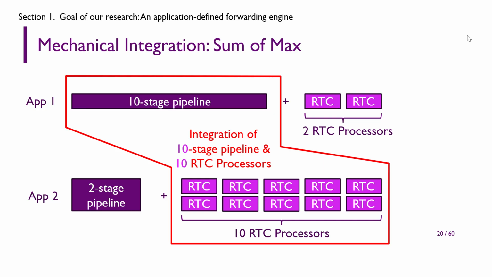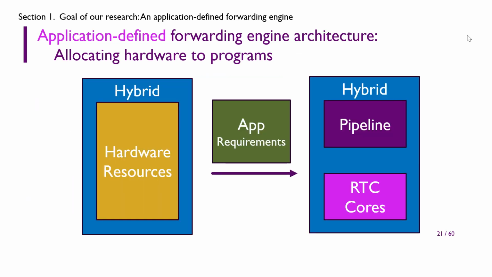The existing hybrid architecture is a mechanical integration of pipeline and RTC, so the resources are the sum of the maximums, that is, a 10-stage pipeline along with 10 RTC processors. We don't think it's a satisfactory result, so we propose another aspect of application-defined forwarding engines.